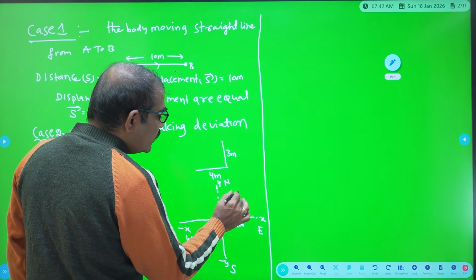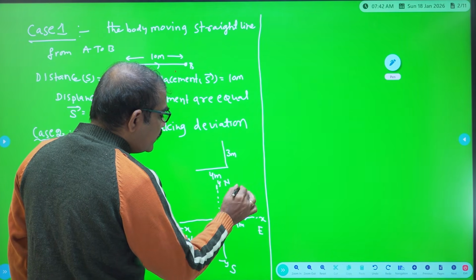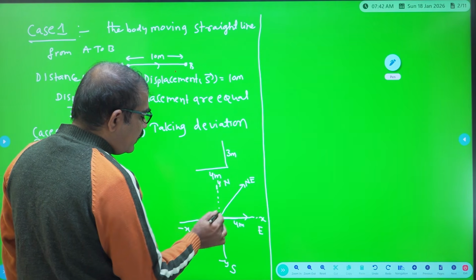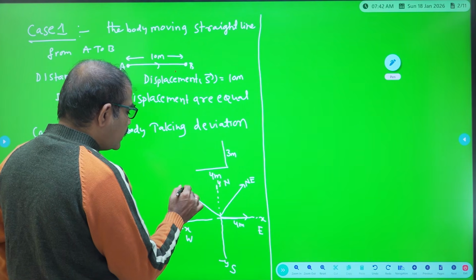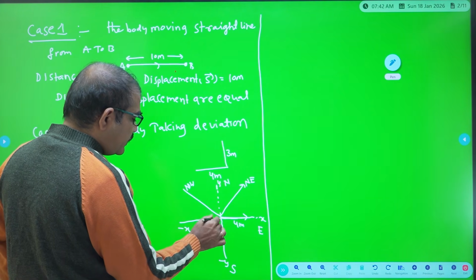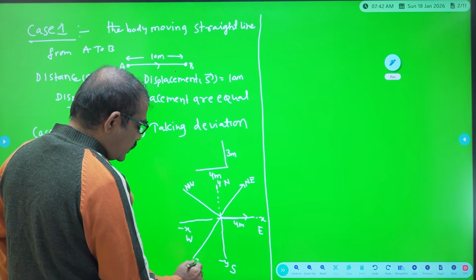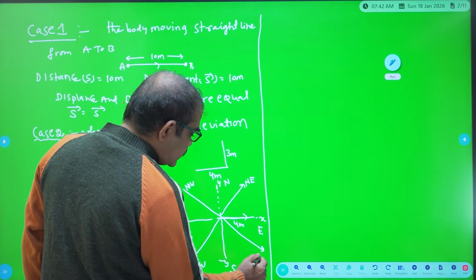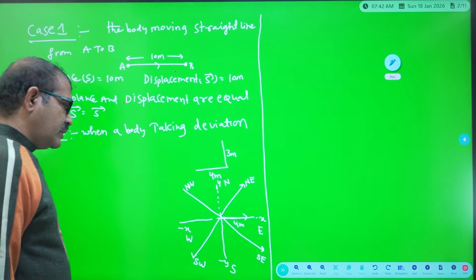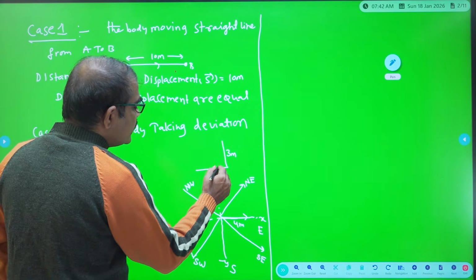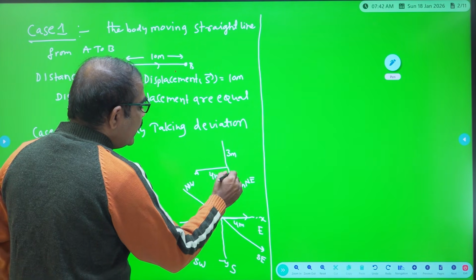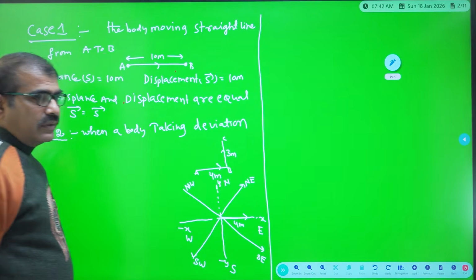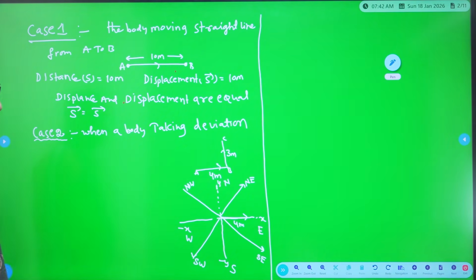Now this direction is called northeast, and this direction is called northwest, and this one is called southwest, and this direction is called southeast. What happens here? Body is moving from A, B, C. A to B 4 meter and B to C 3 meter.